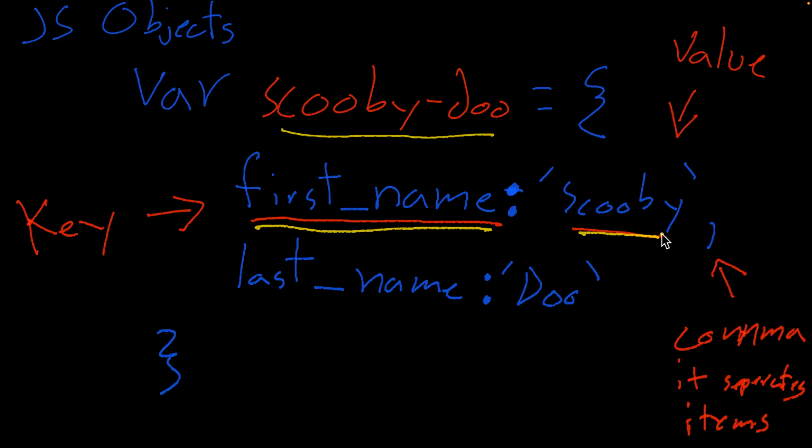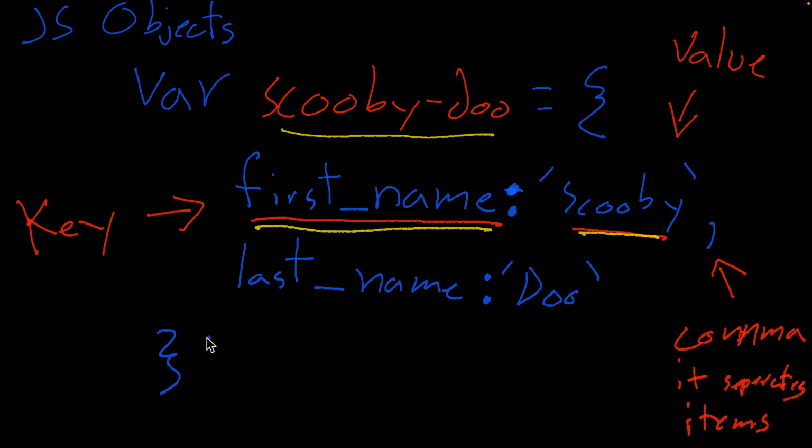So previously with an array, we would have accessed this by saying the array and then bracket at that position in the array. Now, when we want to access information of this object, let's console log it here below.